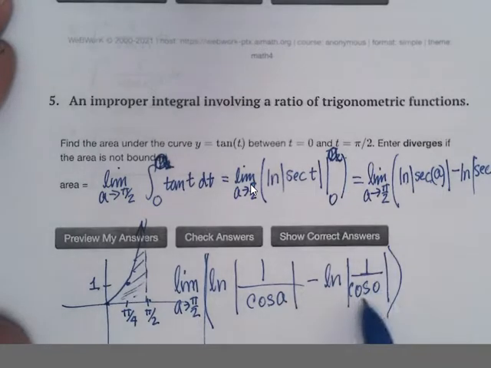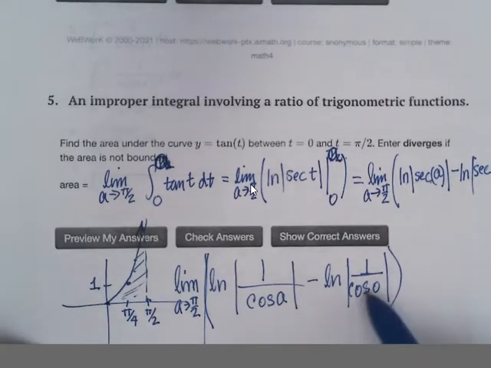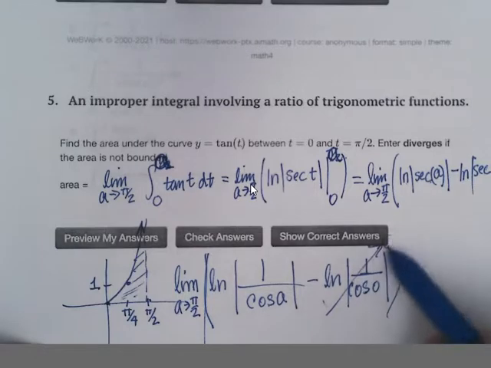So is this a problem? Cosine of 0 is 1. ln of 1 over 1, ln of 1 is 0. So all of this is 0.